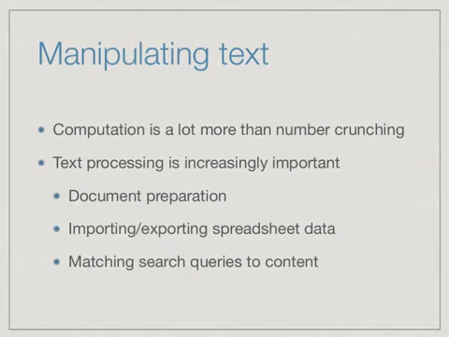So it matches the text in the query that we give with some information about the documents also implicitly in text, and decides which documents are most relevant to our query. So text processing is an important part of computation in general, and the ease with which you can manipulate text in Python is one of the reasons why it has become a very popular language to program many things, including internet applications.